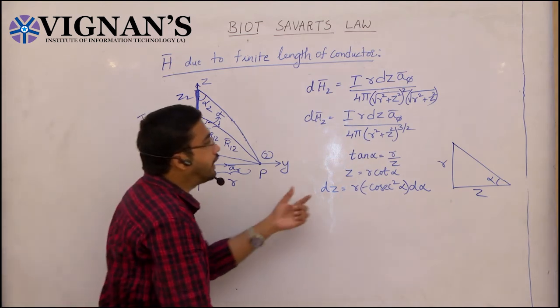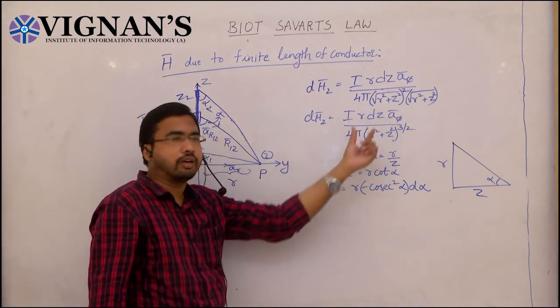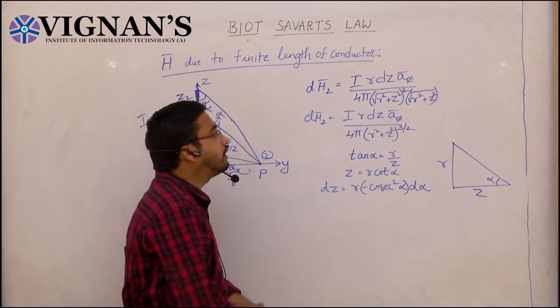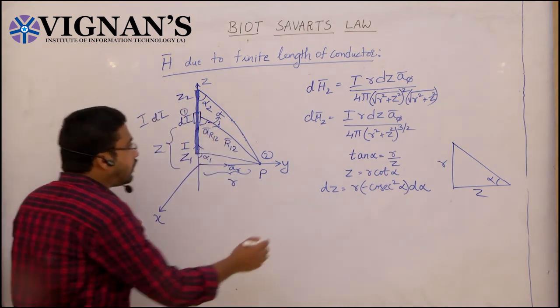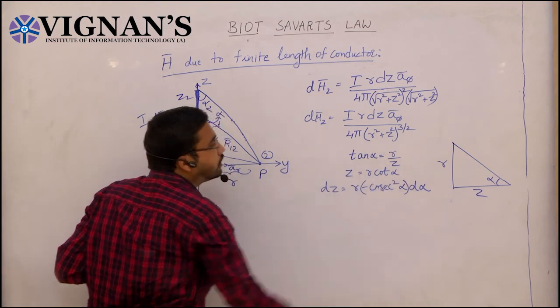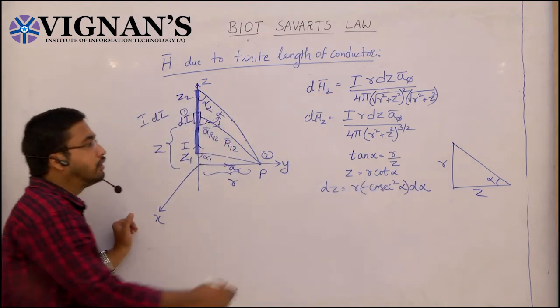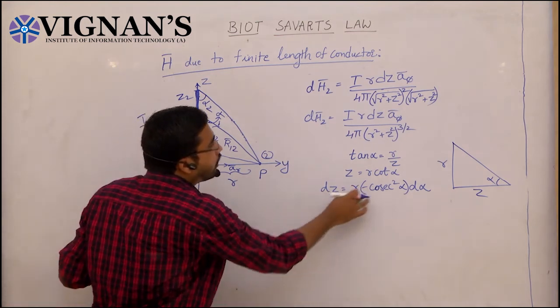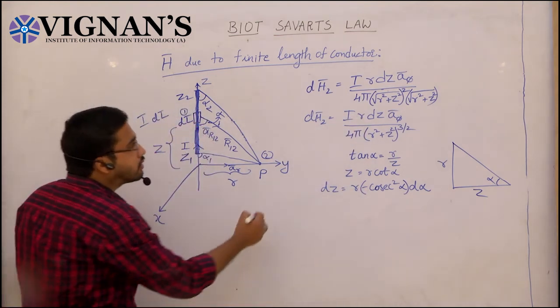Okay. Now in the place of dz, what we can substitute? Minus R cosecant square alpha d alpha. And in the place of Z we can substitute R cot alpha. So substitute all these expressions in these formulas.